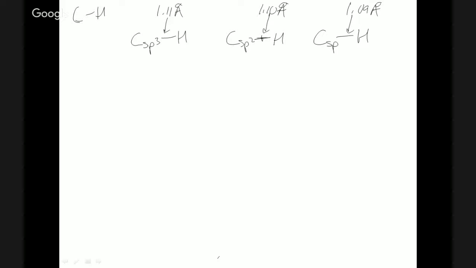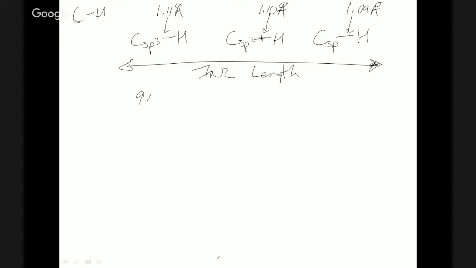So we have this direction, that's decreasing length. So I'm going to go the other direction. Increasing length. As the bond length increases, it becomes a little weaker.